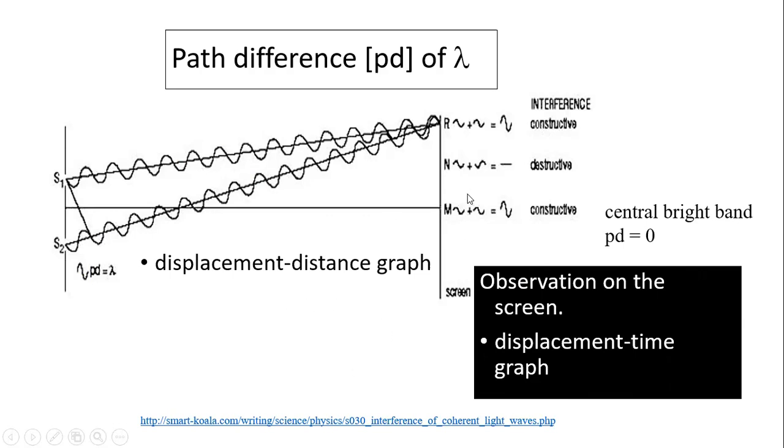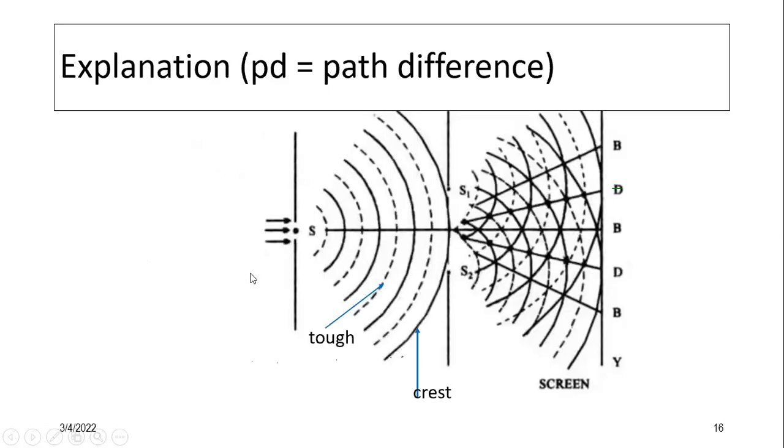Then you must know the first one, m equals 0, is called the central bright band, where the path difference is 0. The next one is lambda, path difference lambda, which is here. You must be able to label.